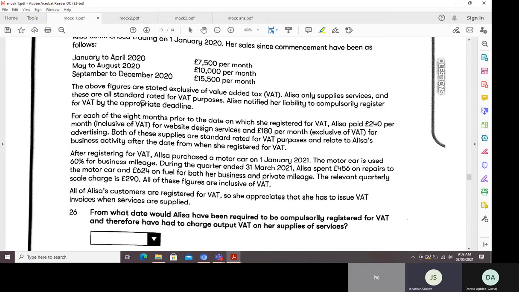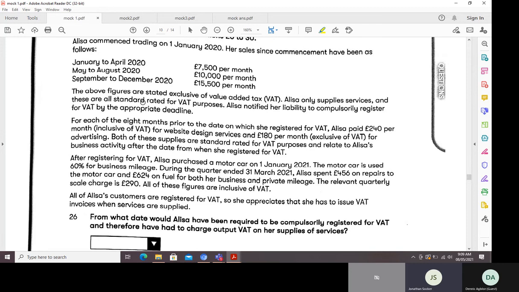So your sales must hit 85,000 in terms of sales for you to be required compulsorily to register for VAT. So that's what we need to check here, whether this company, at what point has the limit been met.